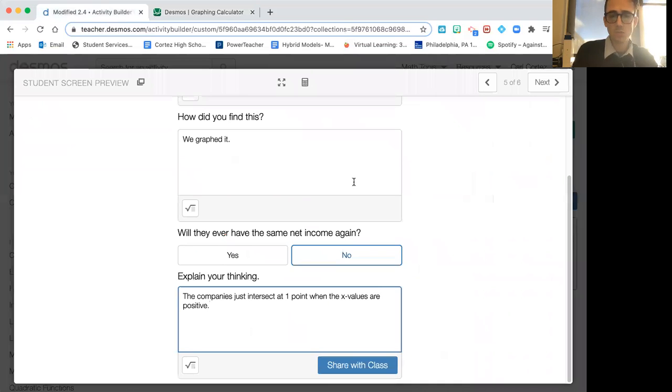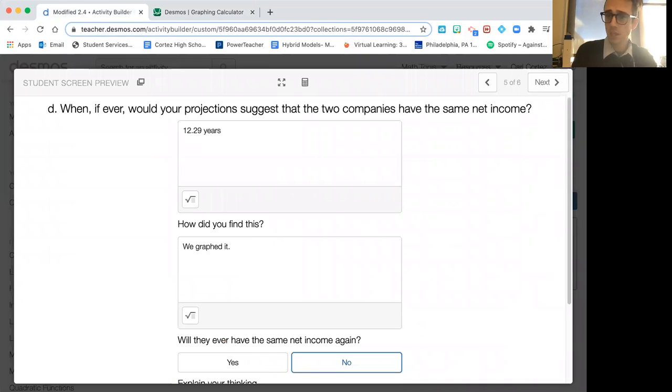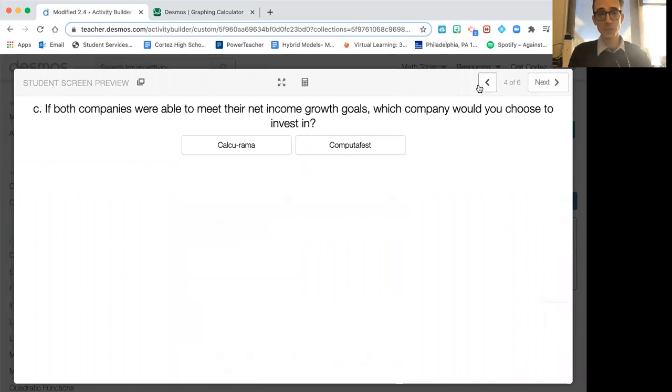What else? I think that's it. So now knowing this, if this was me as a student, at first I probably would have said Calcurama because I know those numbers, but now that I've seen the graph, Computafest is the move. It's exponential, it's moving quicker. Even though the starting values are different, Computafest goes exponentially.